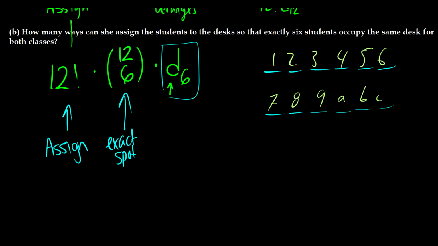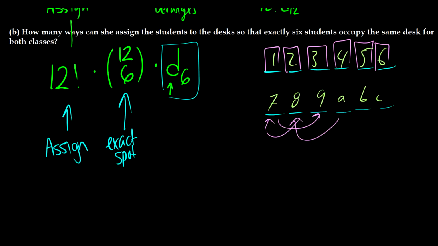So we're just going to pick these 6 to stay in the same spot. Okay, so we assign them, and now we're keeping 6 in the same spot, and now we're just going to derange these ones. So these are all going to move to different locations. So this is your derangement. And that is derangement. That is the end of the first third of the wonderful course of Discrete Math 2.